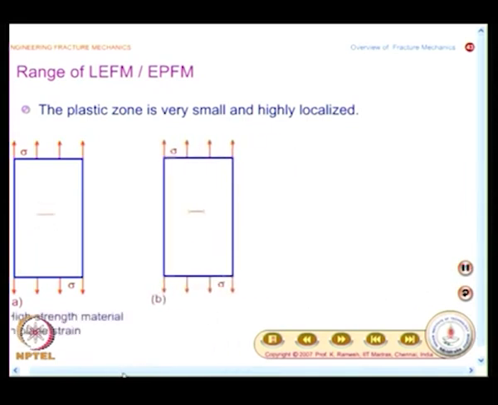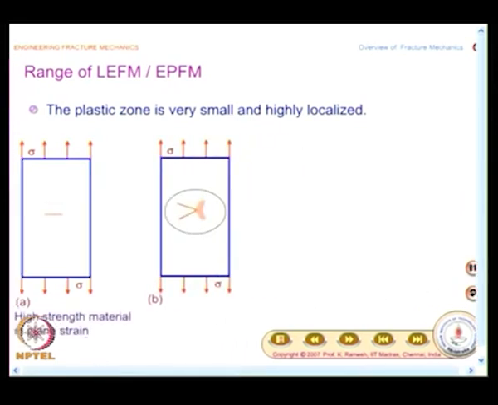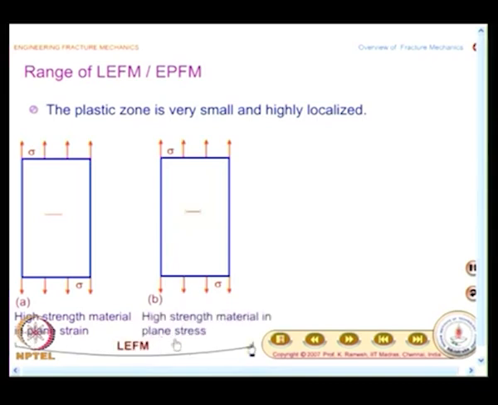And I have this for high strength material in plane strain, then I have high strength material in plane stress. If you watch it carefully, the plastic zone in the case of a plane strain is much smaller than what you have in the case of a plane stress.